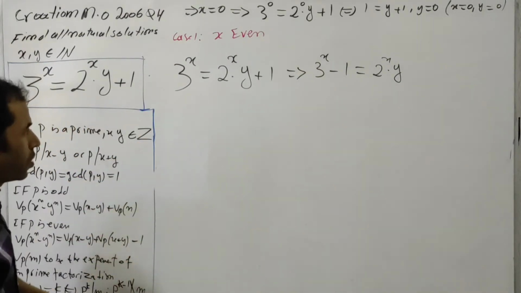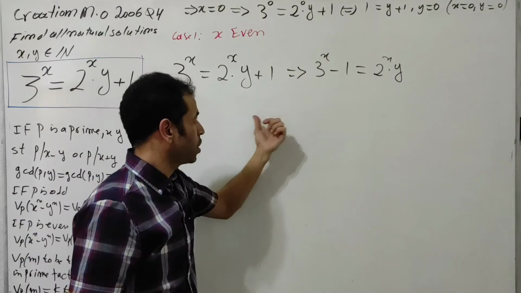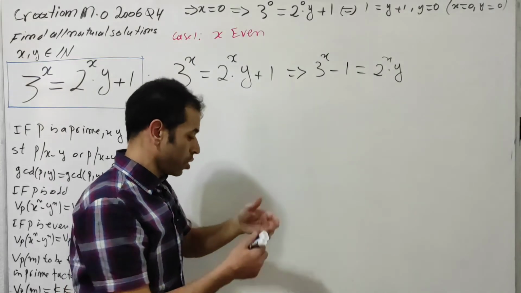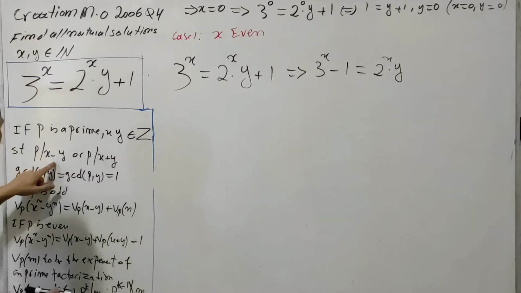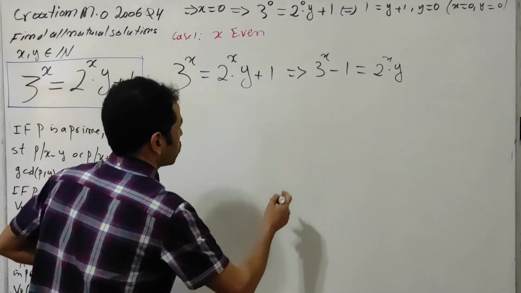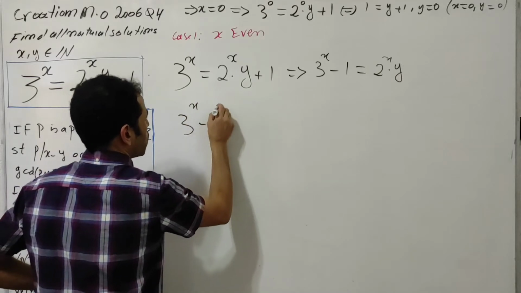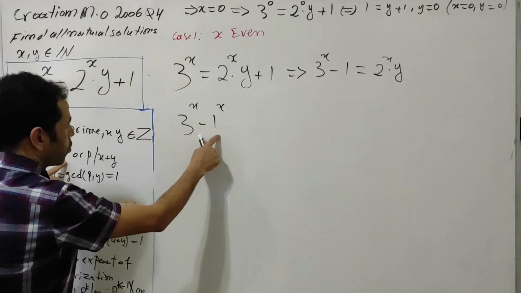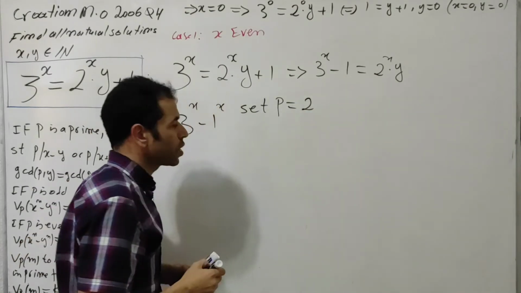Before we start applying this lemma, we have to check whether it verifies the initial conditions or not. We need p to divide the difference of these two numbers. These two numbers are 3 to the x and 1 to the x, so I have 3 as x and number 1 as y. Let's set p equal to 2 as a prime.